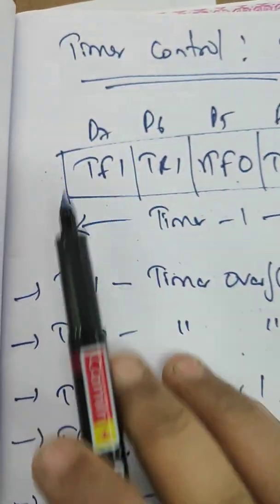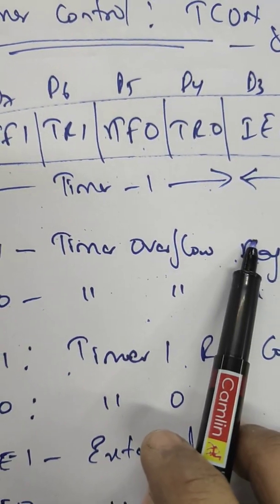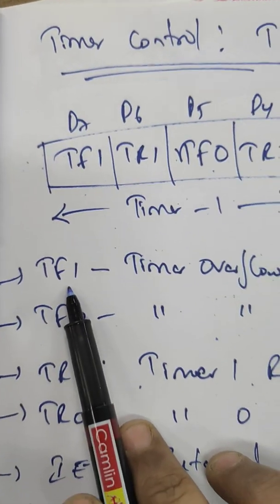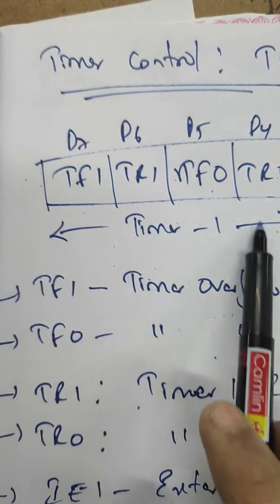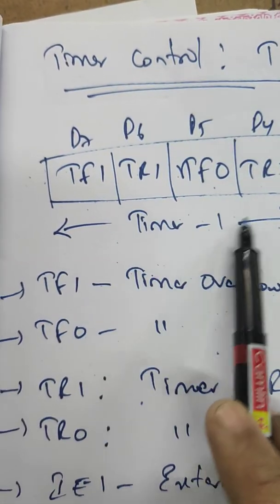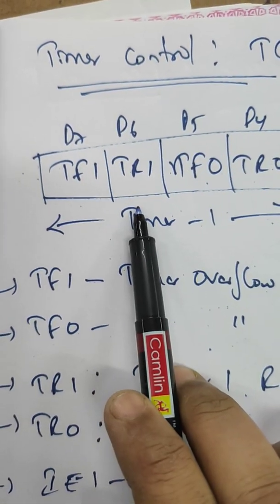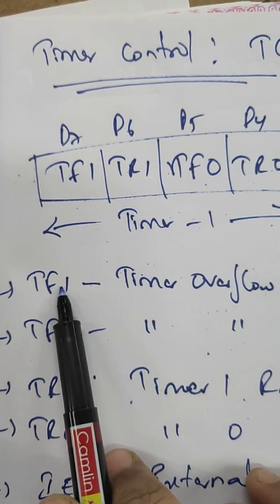So first, the timer overflow flag 1: it is set to 1 when overflow occurs at timer 1. If you are performing some operation in this timer and any overflow occurs, then TF1 will be set to 1.